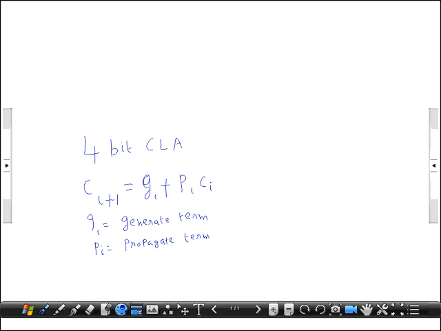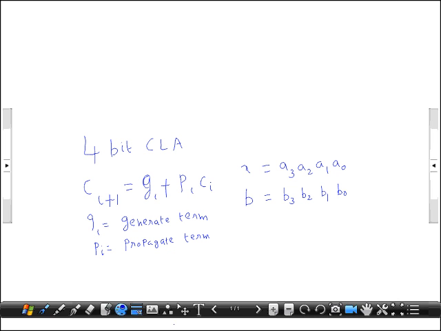For our convenience, consider the addition of two 4-bit numbers A and B, where A is equal to A3, A2, A1, A0, and B is equal to B3, B2, B1, B0.